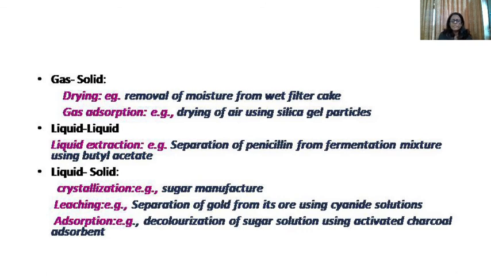Here the fermentation mixture is a liquid, and butyl acetate is also a liquid, but they are immiscible in each other. When the two are contacted, due to the solubility of penicillin in butyl acetate, it gets transferred from the original fermentation mixture to butyl acetate. That is how you can separate out the product from a mixture using liquid extraction operation.